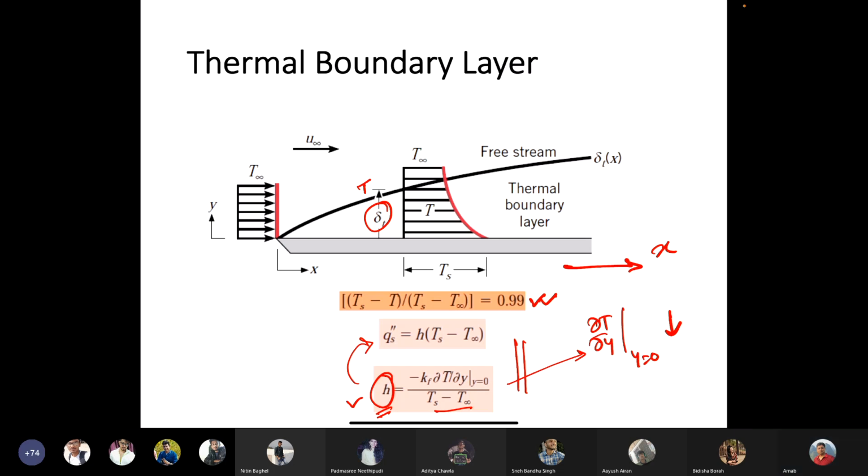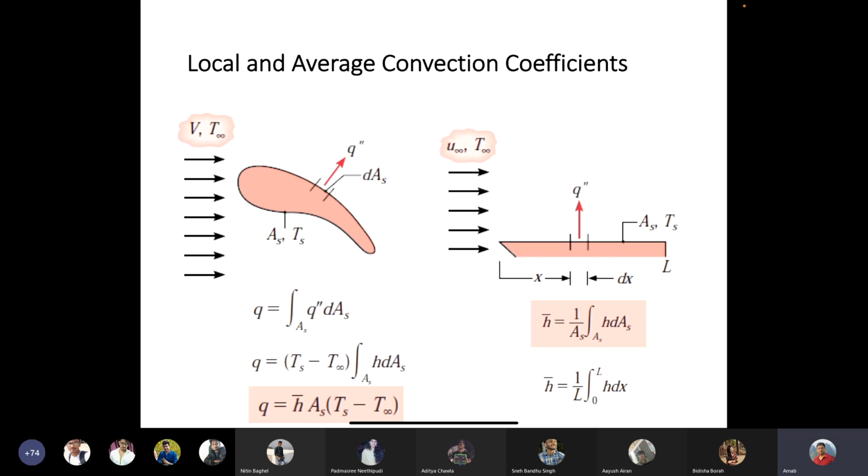Fine. So now consider a scenario where we have a geometry of arbitrary shape with surface area As, and we assume the surface is at uniform temperature, which is Ts. Now this T infinity is the free stream temperature.